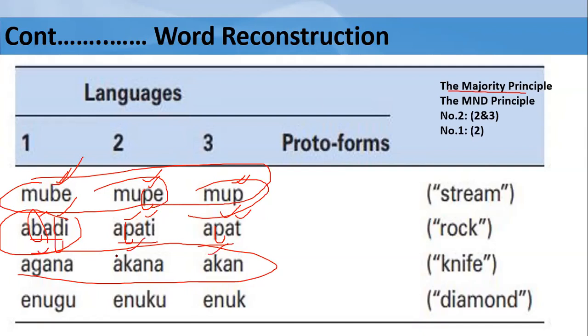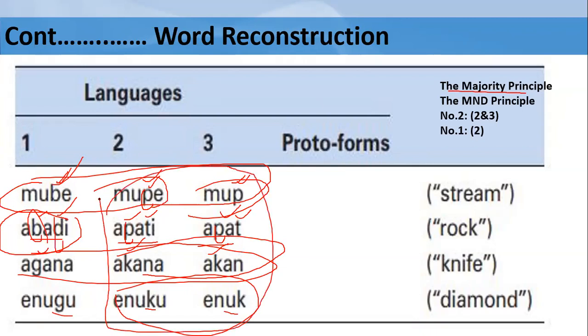It means that either of these two must have been the original form, the proto form. In the same way, here we have g, k, and k. So the majority principle again prefers either of these two. Now, this is confirmed so far. Either of these two forms must have been the protoforms, but not this one.